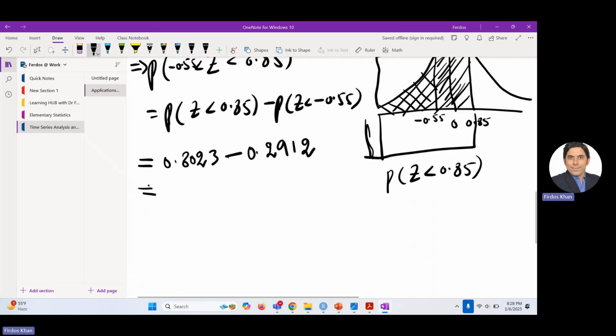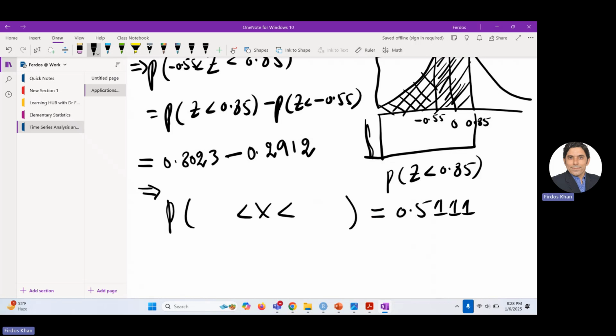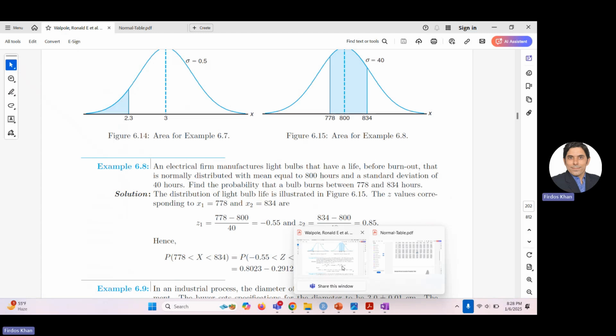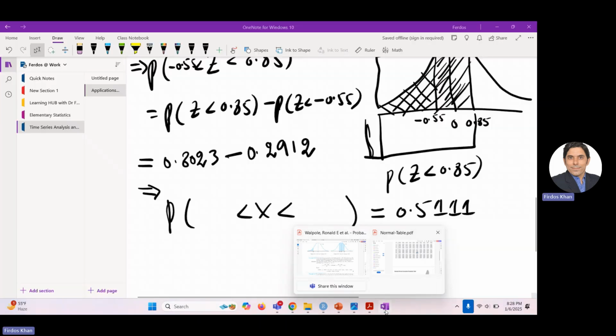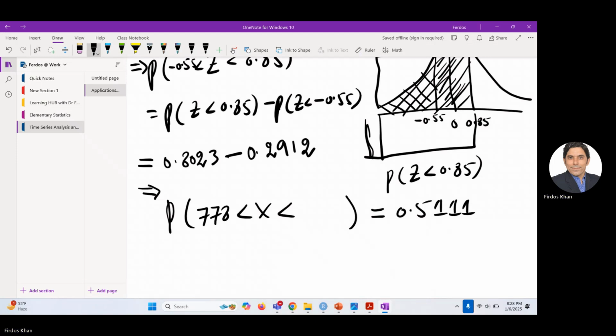So this means that the probability of x between two values, 778 and 834, is equal to 0.5111. You can interpret this probability now, because you can just look at the statement of the problem.